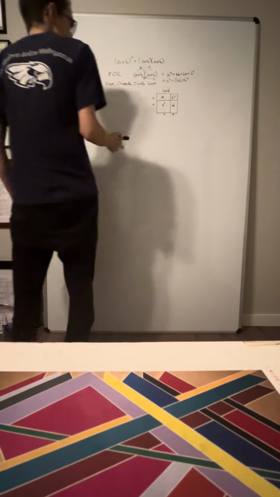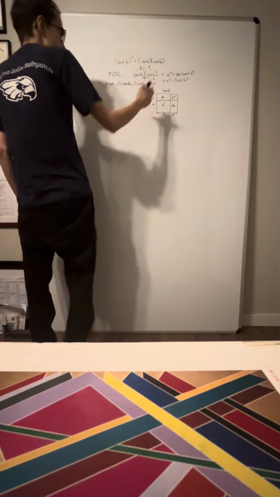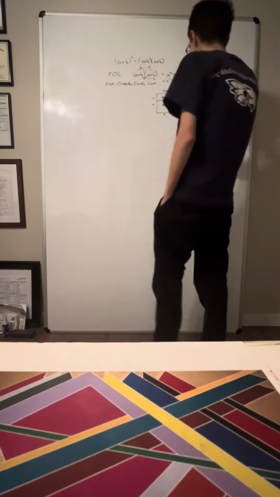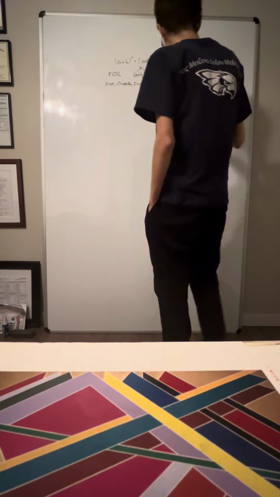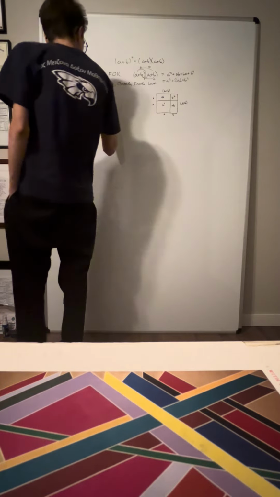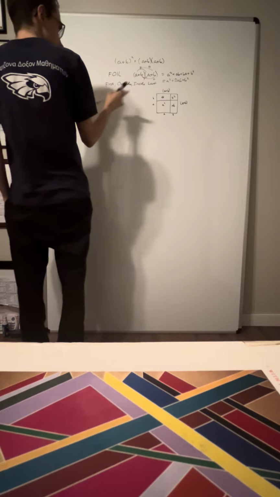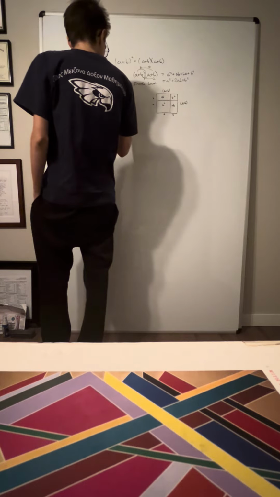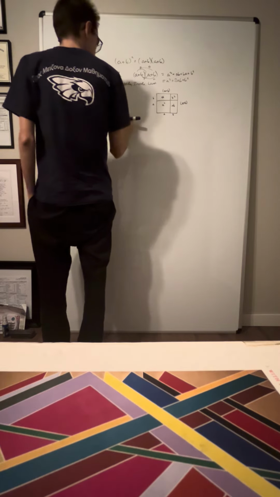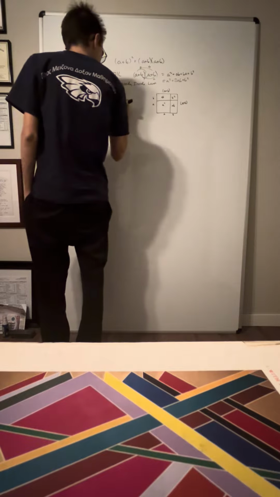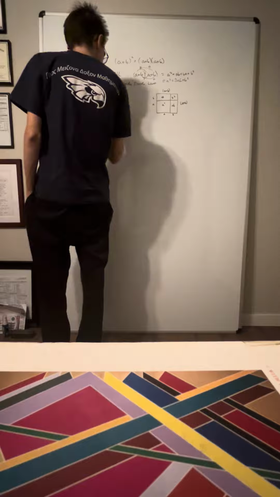Notice how this whole area is going to be represented by the quantity (a plus b) squared, because the area of a square equals the side length squared, and our side length is a plus b in this case, so that's (a plus b) squared, which equals (a plus b) times (a plus b).